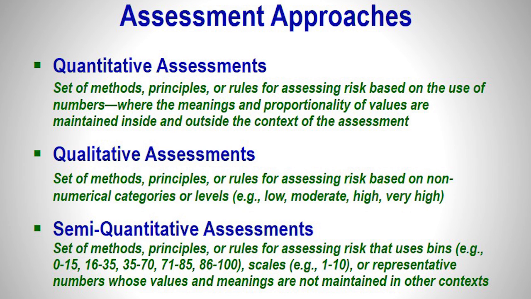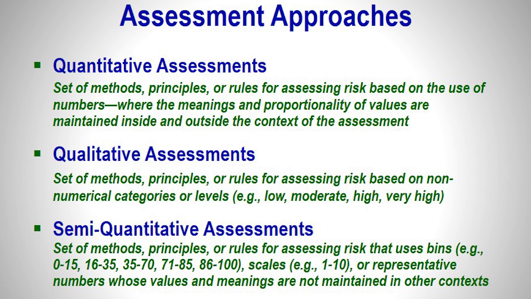So 830 Revision 1 focuses on qualitative risk assessments, and that is where you're just making subjective judgments, hopefully based on good information and by surveying a good cross-section of your stakeholders and not just sitting in a room and trying to think of everything yourself. But in any case, that's how a qualitative assessment works, and that's what we're going to be doing today. And then we just give it names or levels like low, moderate, or high.